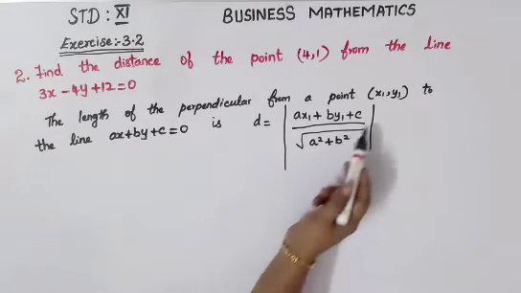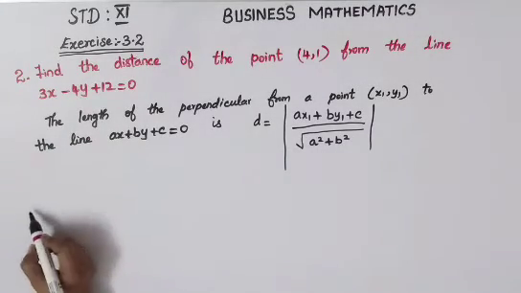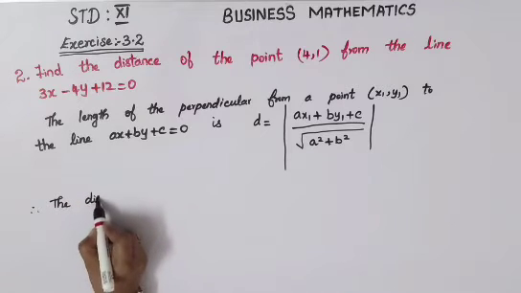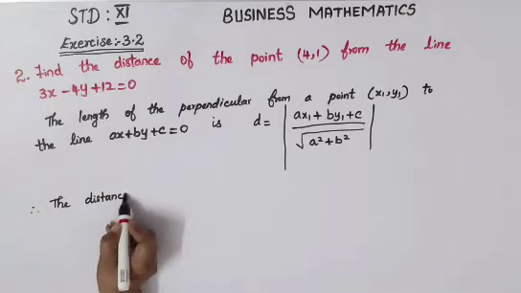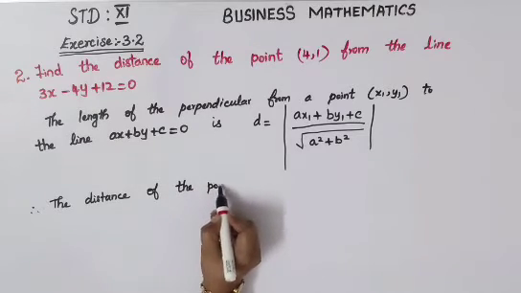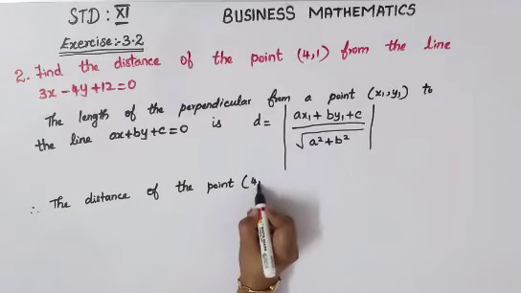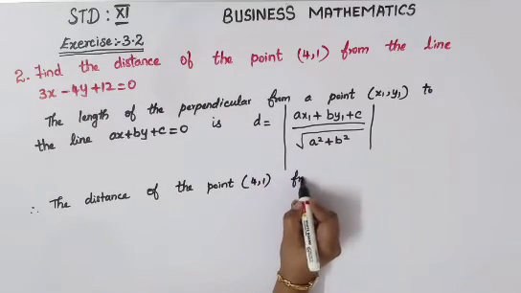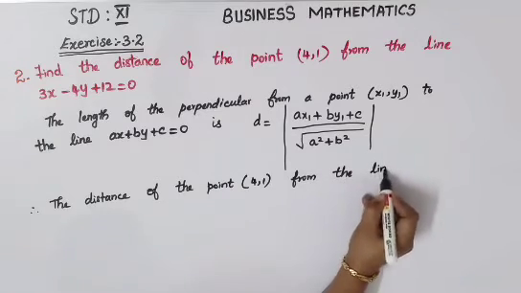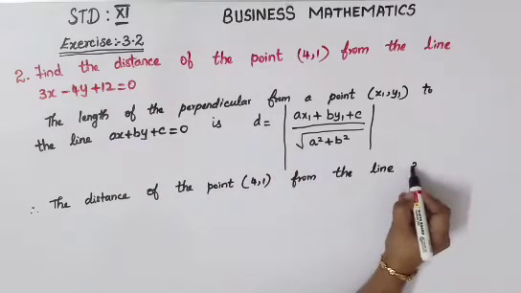Now substituting 4, 1 and this value in this formula. So therefore the distance of the point, which is given for us 4, 1, okay, from the line, your line is given 3x minus 4y plus 12 is equal to 0.